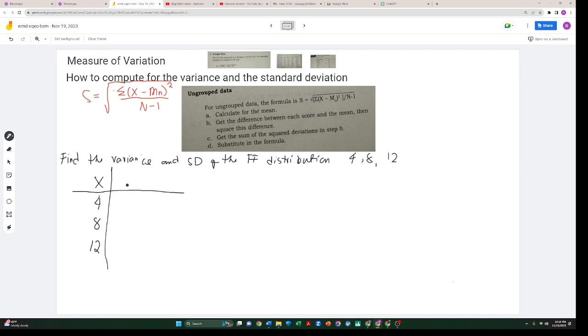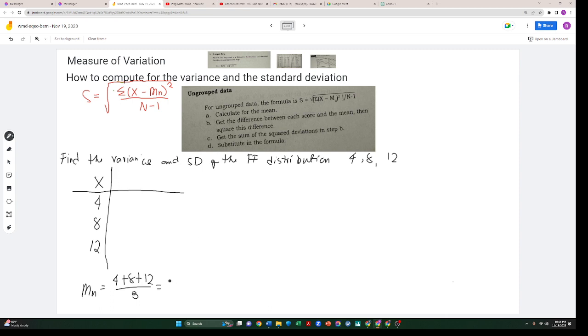After that, you are going to find the mean. The mean is equal to 4 plus 8 plus 12 divided by 3. Use your calculator, 4 plus 8 plus 12 divided by 3, which is 8.